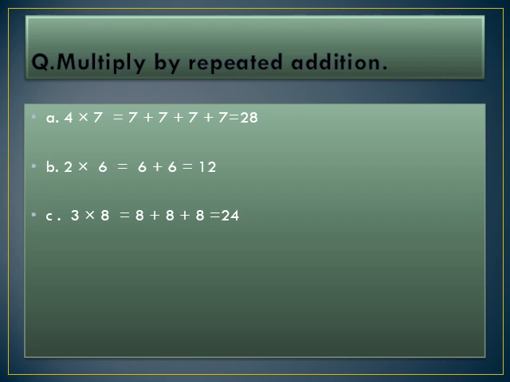Next part, 3 into 8. Here 3 into 8 means 3 times 8. So we add 8 3 times. That is 8 plus 8 plus 8 is equal to 24.